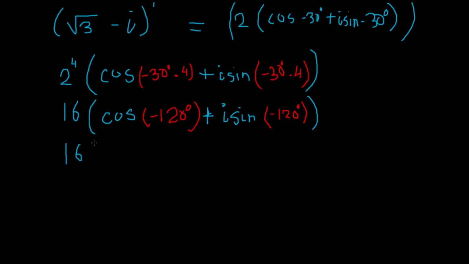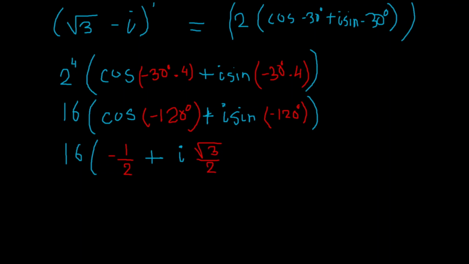So cosine of negative 120 is just negative 1/2, plus, we have our I, and sine of negative 120 is negative square root of 3 over 2.